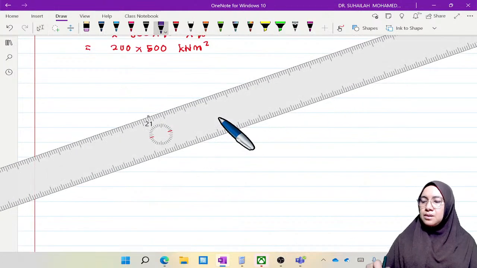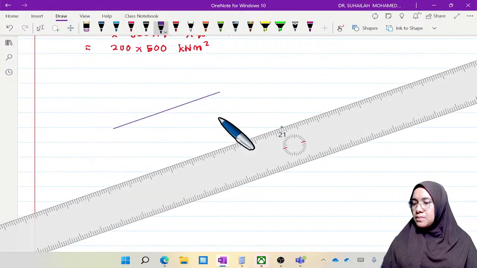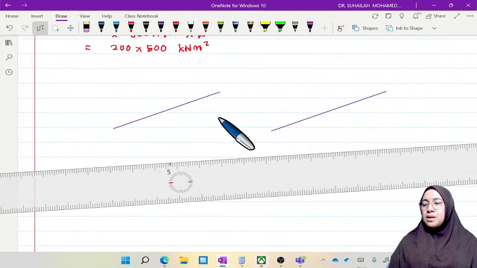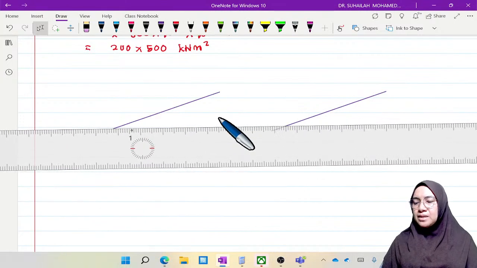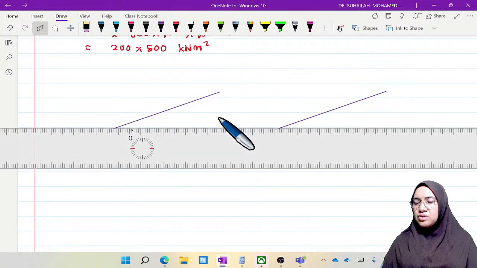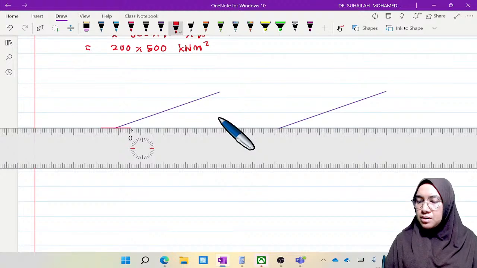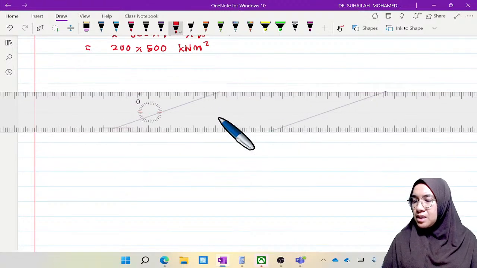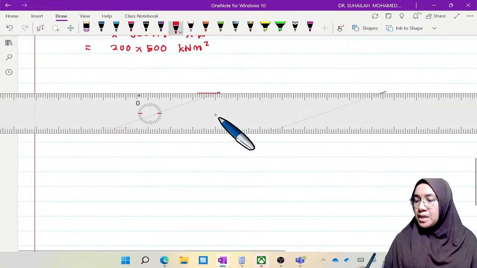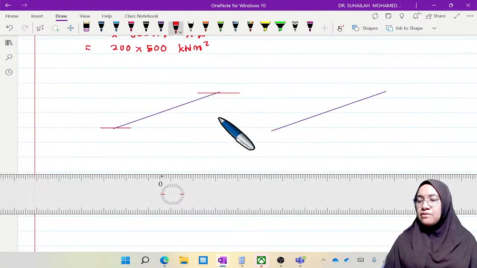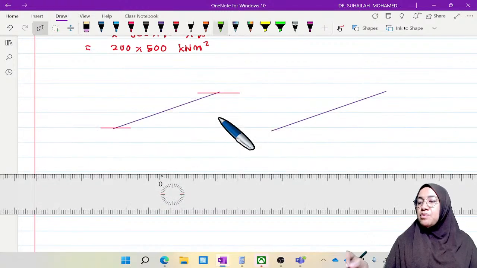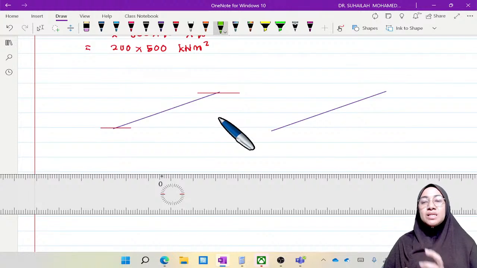The reference line is horizontal, representing the original position of the beam, and we measure the angle from the original position.